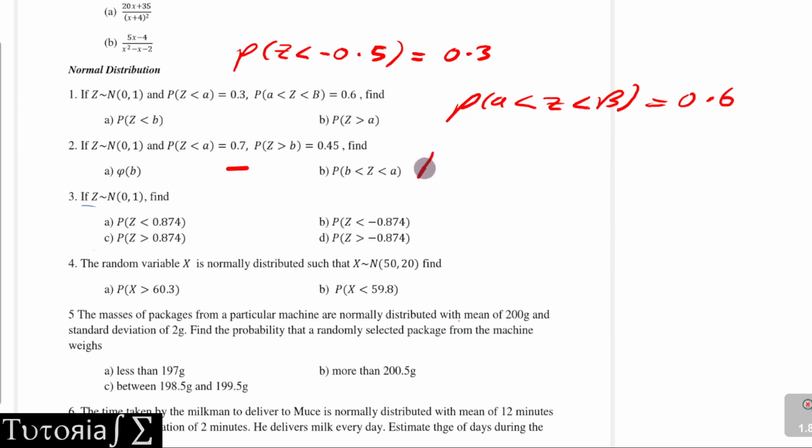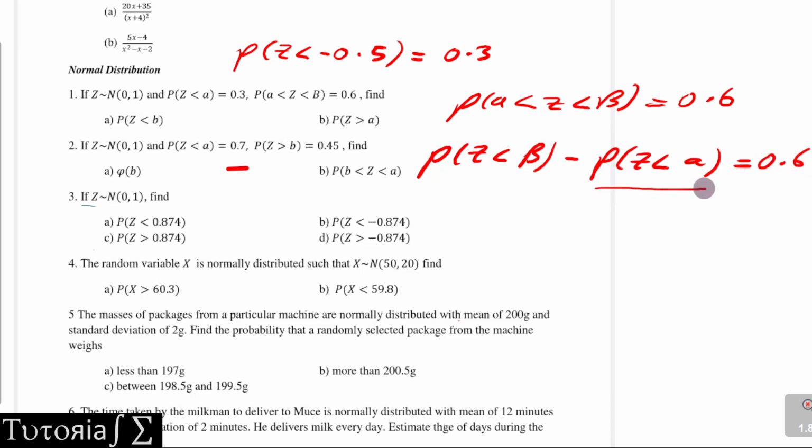Now remember we can break this one down into two parts. That is the probability of Z less than the bigger one, which is B, minus the probability of Z less than the small one, which is A, and this would be equal to 0.6. We know that the probability of Z less than A equals 0.3.